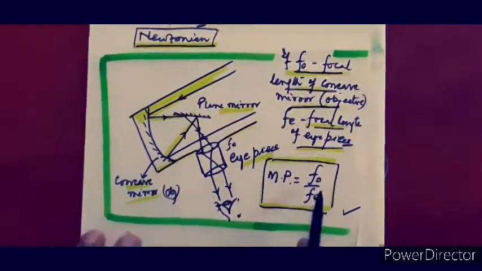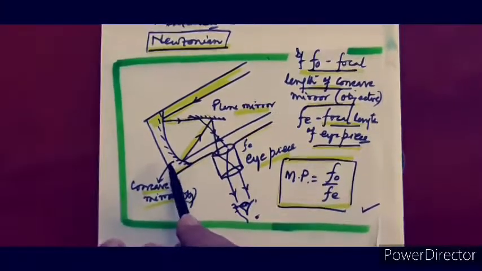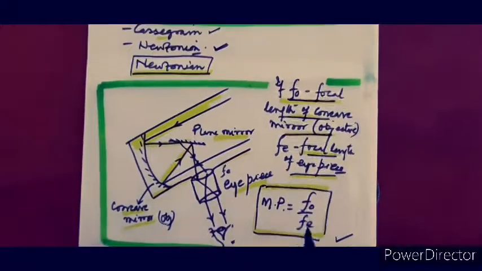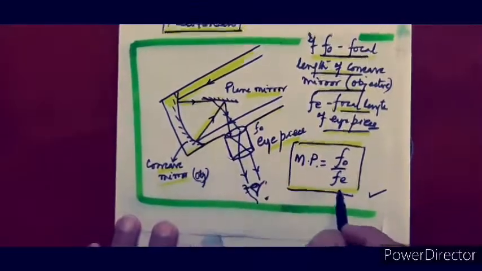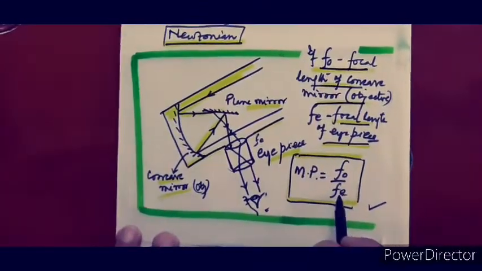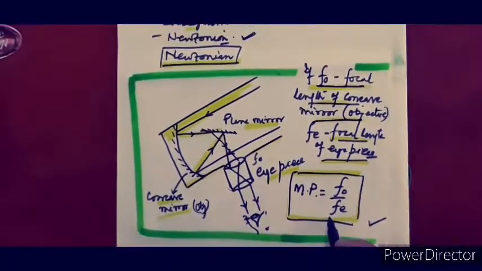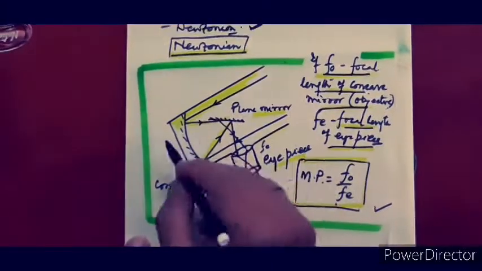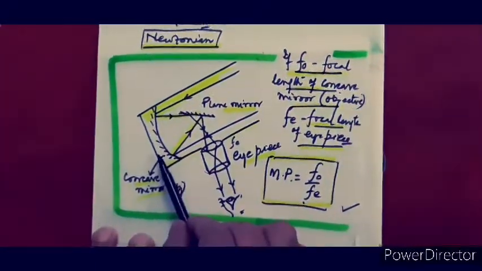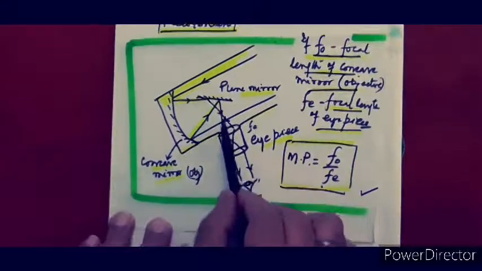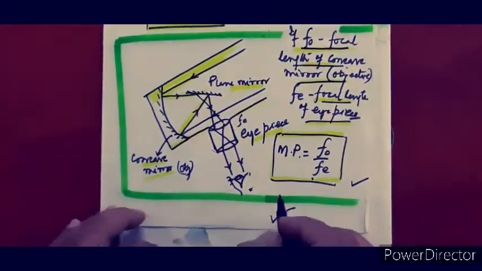Only thing is, FO here is the focal length of the concave mirror, not a lens, and FE is the focal length of the eyepiece, which is a lens. That is the magnifying power or angular magnification for the Newtonian type of telescope. See the diagram properly. The incident beam falls on the concave mirror, reflects again from the plane mirror and is gathered by the eyepiece. That is a very important question.